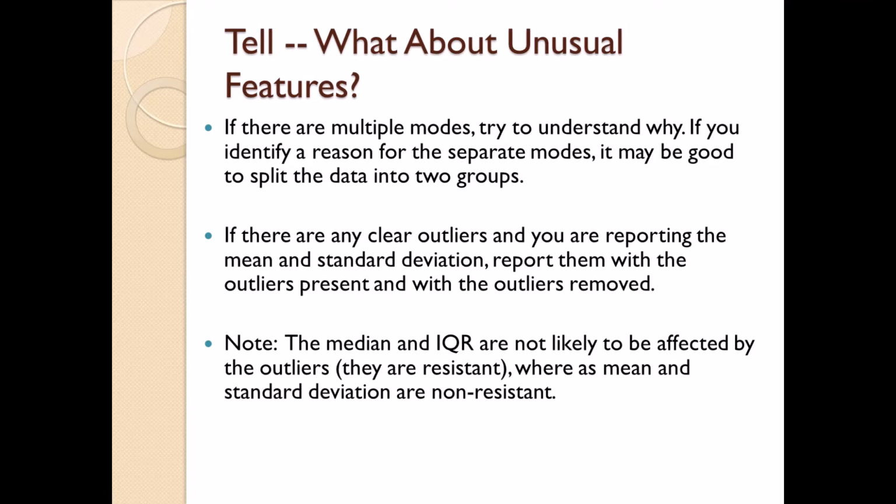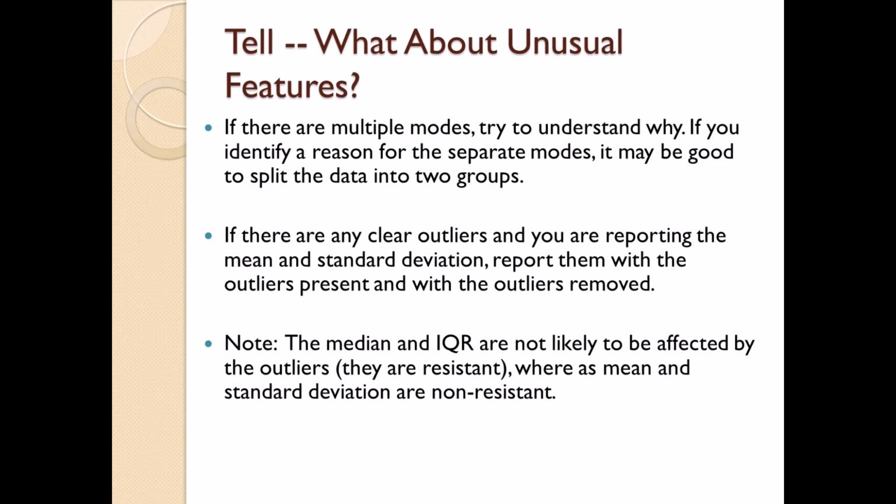You may be dealing with combined groups, like men and women combined, or small dogs, medium-sized dogs, big dogs, or horses and cattle. You may just have groups that are distinct from each other, and so you'll see that in multiple modes. You might consider separating this data into groups of more like individuals.